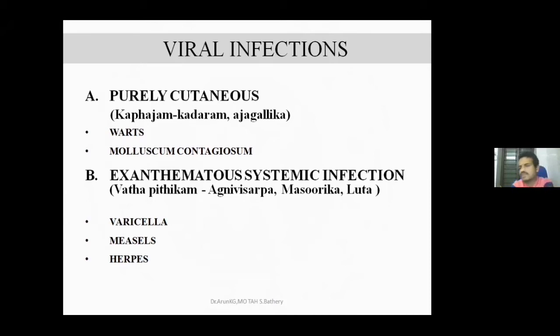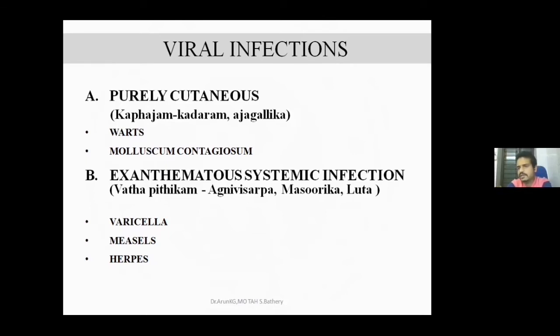Because some reference is there: Anyavadati Buddhasya Dushtasya Anyasya Mochana, Sampavanti Vishasphota Eluta. In the context of Luta in Ashtanga Sangraha, it is mentioned that due to some internal causes, due to some vitiated ahara and all, there will be some vesicles or bullae appearing in the body; that also can be considered as Luta.